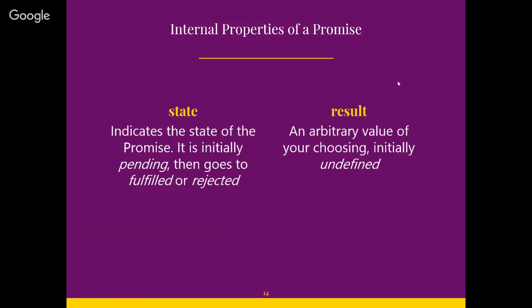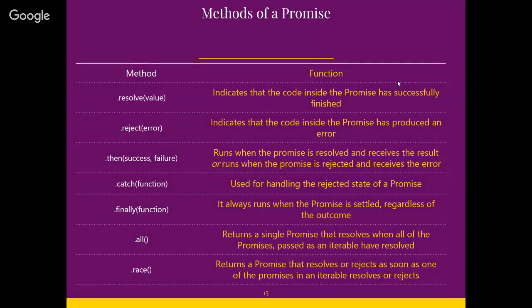Most of the time, we'll not be making use of these two. We'll only be making use of the methods, as you'll see in a bit. So here are most of the promise's methods. Actually, they're about all of the methods.